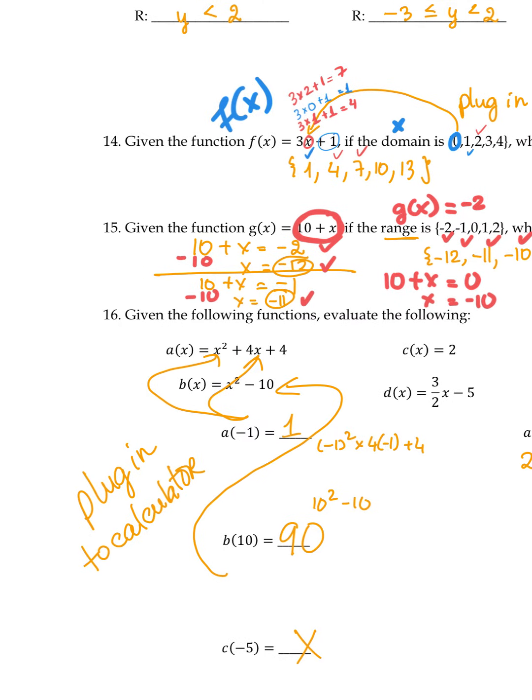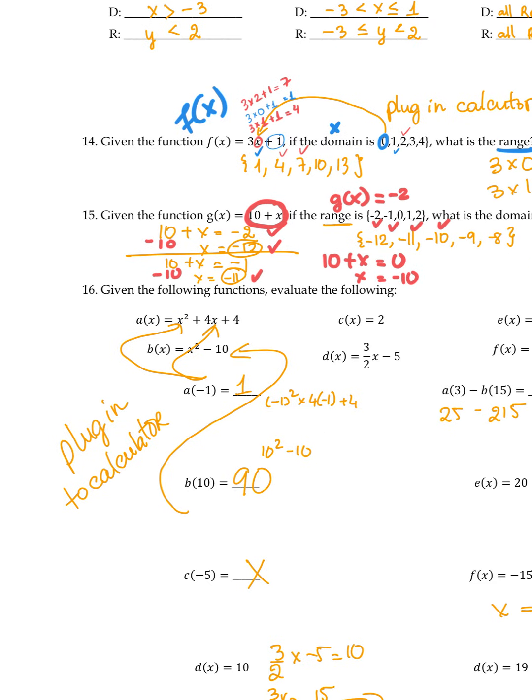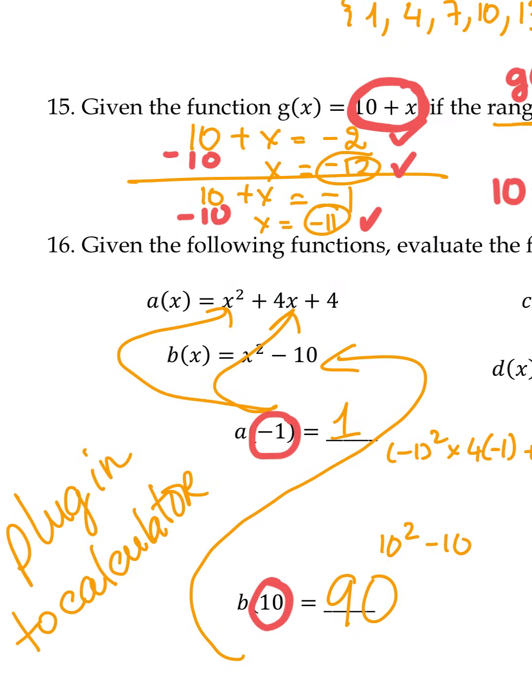All right, so for number 16, you will have a function, and they tell you the x. All you need to do is use the calculator and plug them in. I'm going to do the first one for you. A at -1.